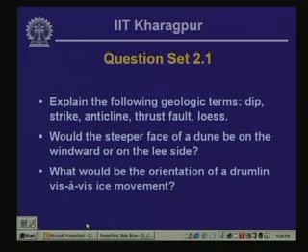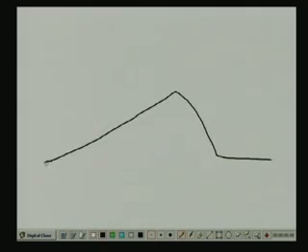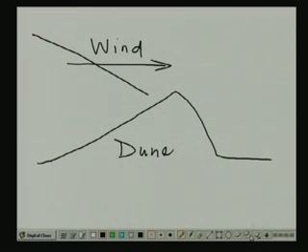Actually, the steeper face of a dune is essentially going to be on the lee side. In other words, if you think about a vertical section of a dune, it typically is going to take this kind of shape, and the direction of wind is going to be like this. So, this is the dune that we are considering here. Okay, so that is the other solution.